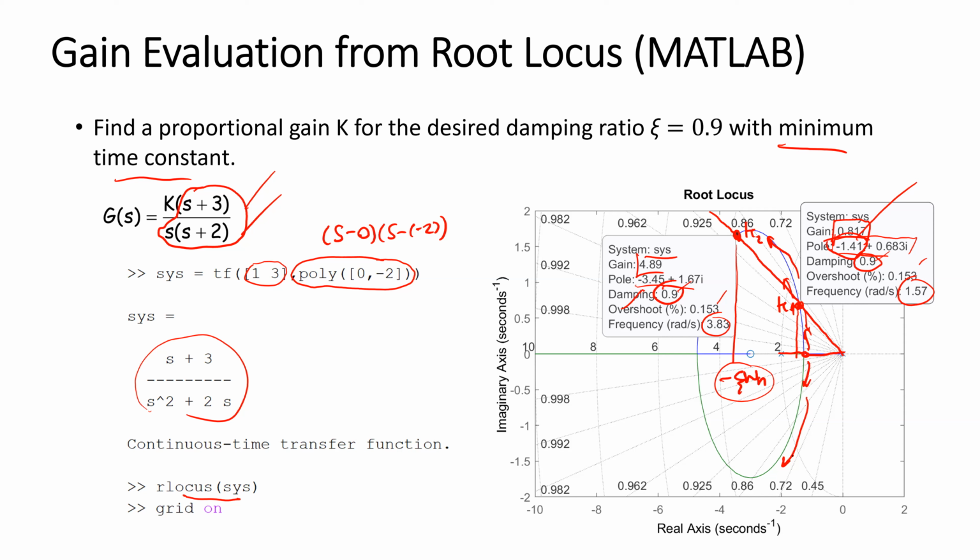So at K1, for a slow system, we need the gain K just 0.8. But when we continue to increase again, at 4.8, we achieve this requirement again.